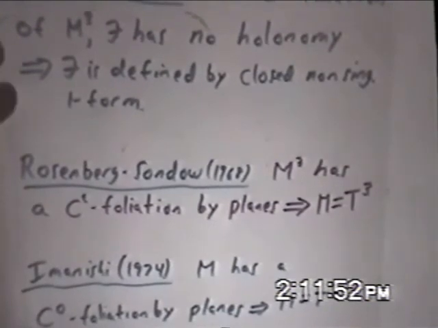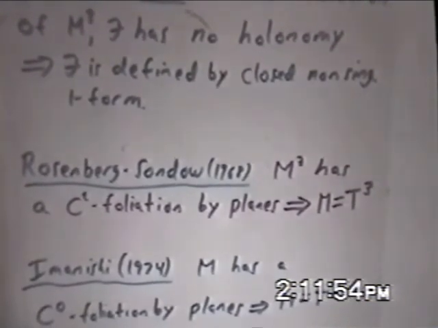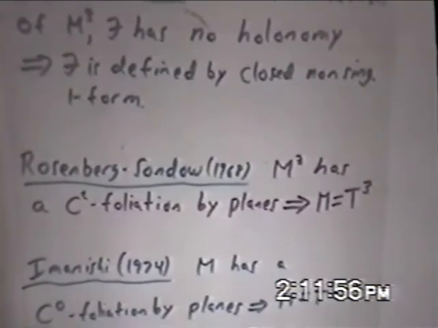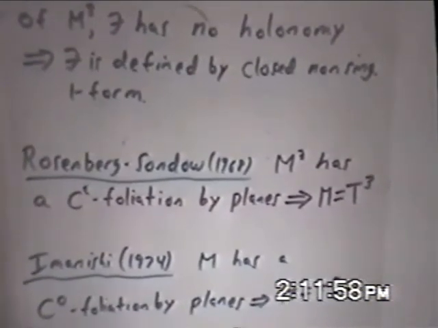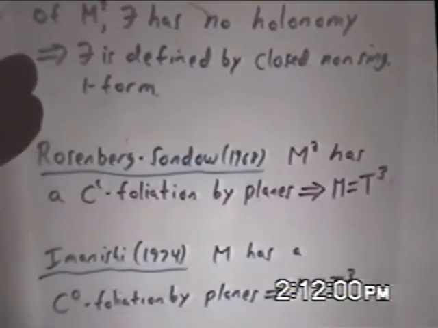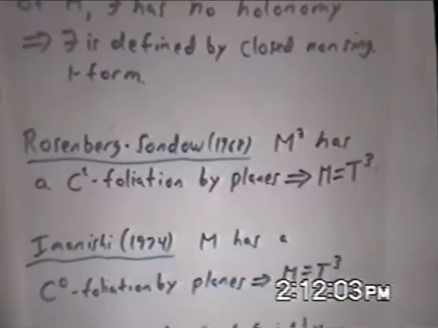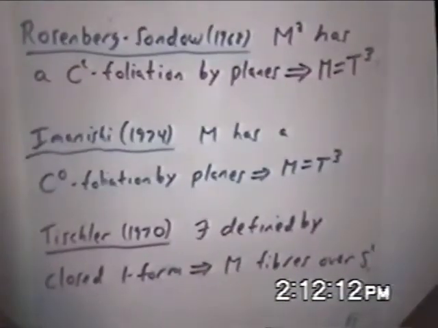Well, okay. I've stated everything today in terms of foliations on 3-manifolds, but some of these theorems are really theorems about codimension 1 in any dimension. But just for simplicity, I'm stating it all in terms of 3-manifolds. Has no holonomy.